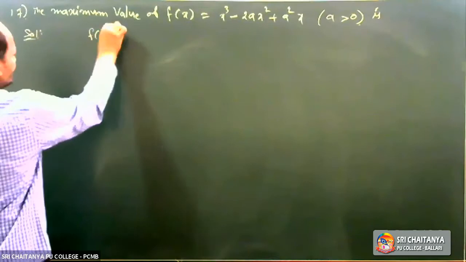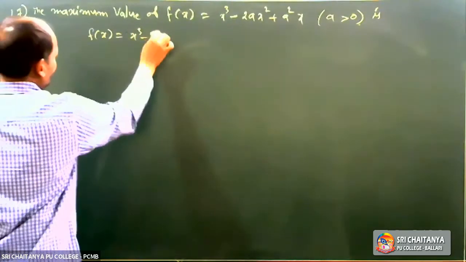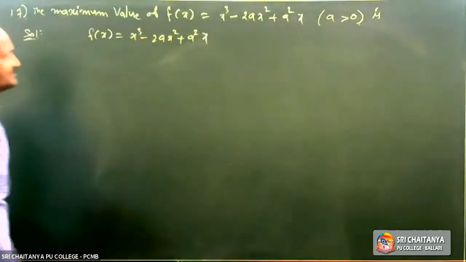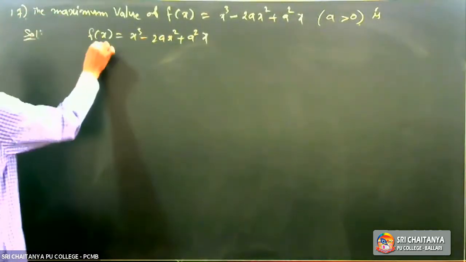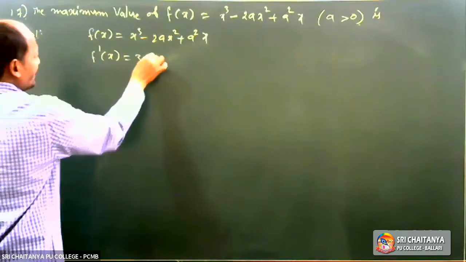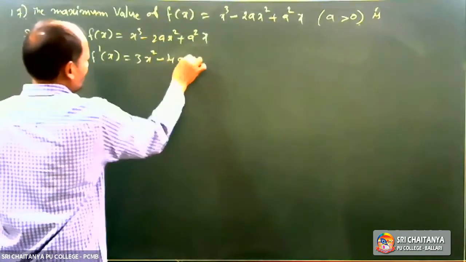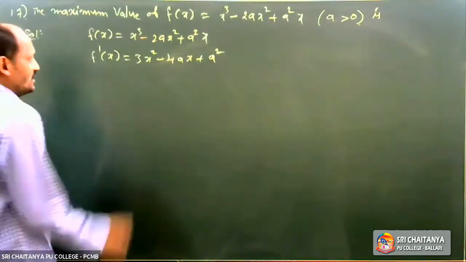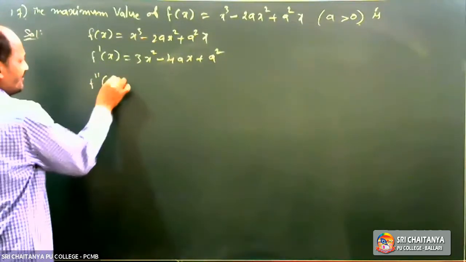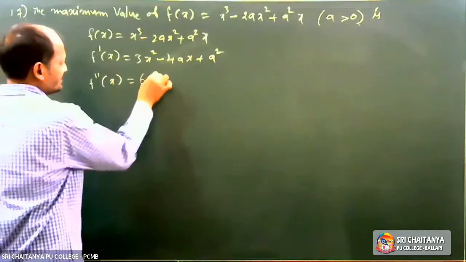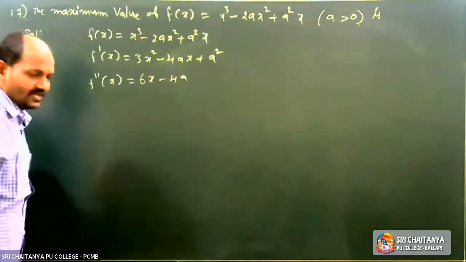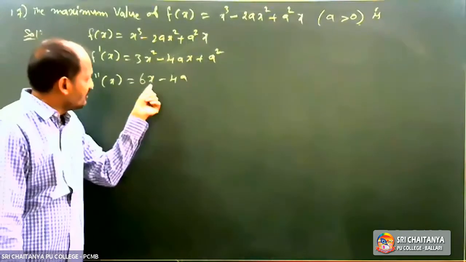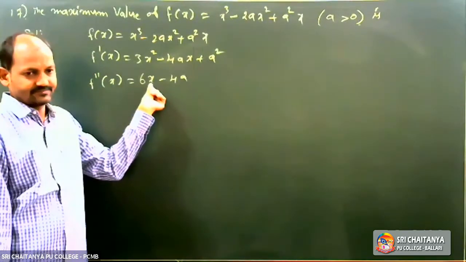First, given function x cube minus 2ax square plus a square x. Its first derivative is 3x square minus 4ax plus a square. Second order derivative is 6x minus 4a, but whether this is positive or negative depends on x.